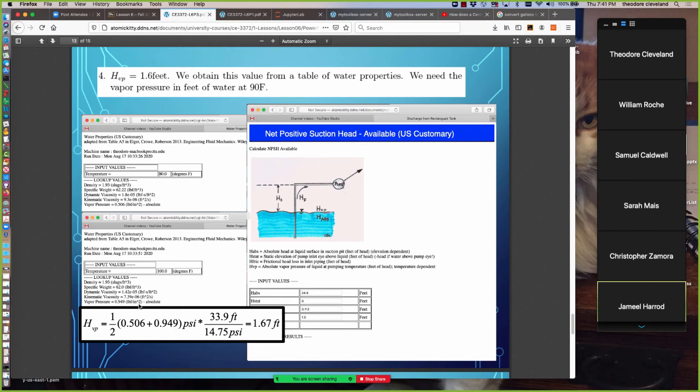Average the two, because that should give us a good estimate of the 90 degree value. And then convert the pounds per square inch into feet of water. Easiest way to do that is to multiply it by 33.9 and divide by 14.75 psi for 1.67 feet.